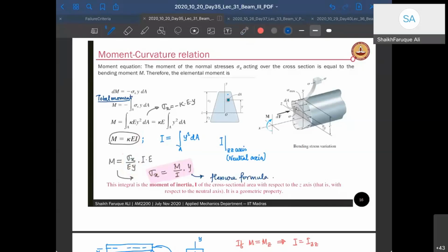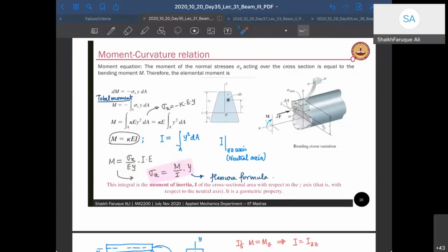So you can see that M is a constant at a cross section, bending moment is going to be constant. I is a constant at a cross section. So it varies with y, therefore it varies linearly with y. We have discussed this earlier, strain varies linearly. So it's going to vary like this linearly with respect to y. You have to be very careful with I. We generally write it as I, but it has to be written as Izz because this I is about the z axis.